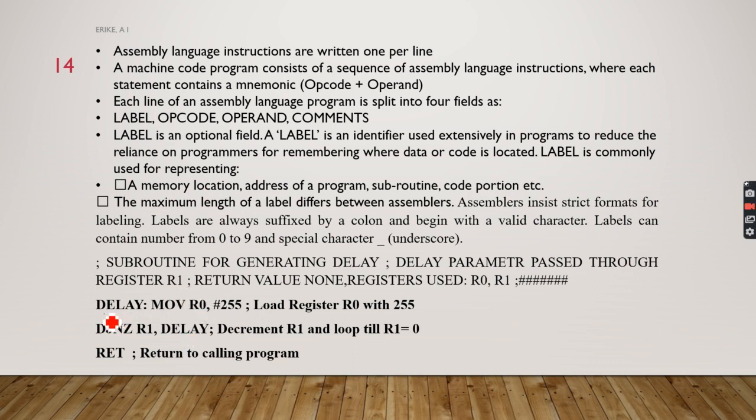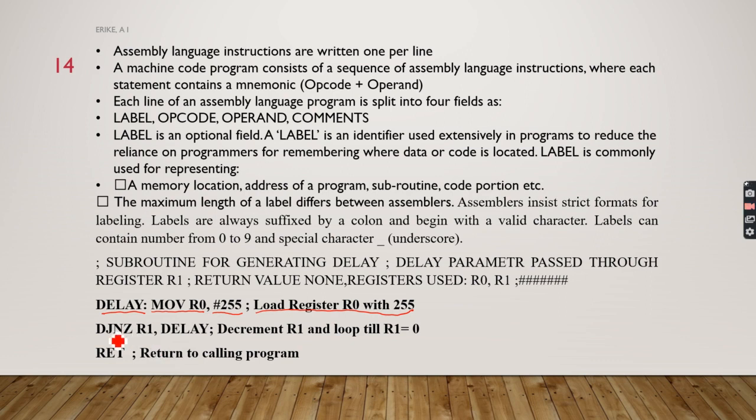For instance, here you find delay, which is a label, and then a colon. Then next you find the opcode, then the operand, and then the comment. Hope that makes sense.